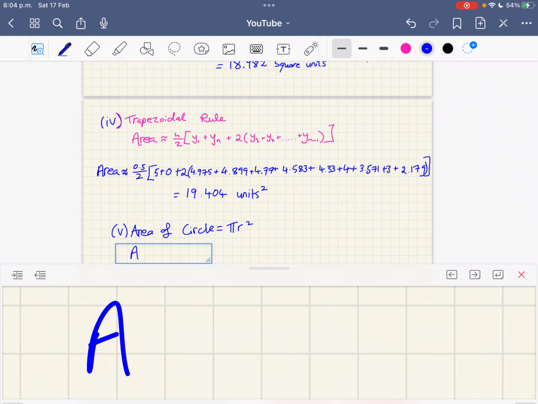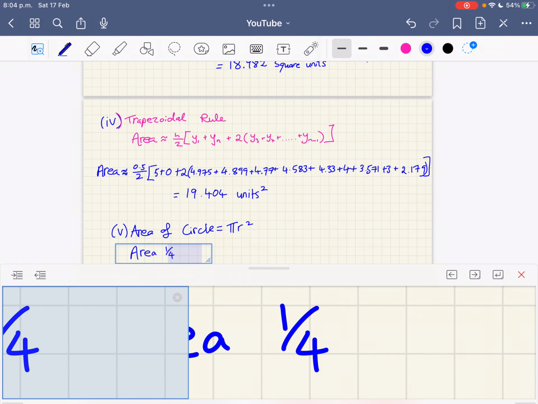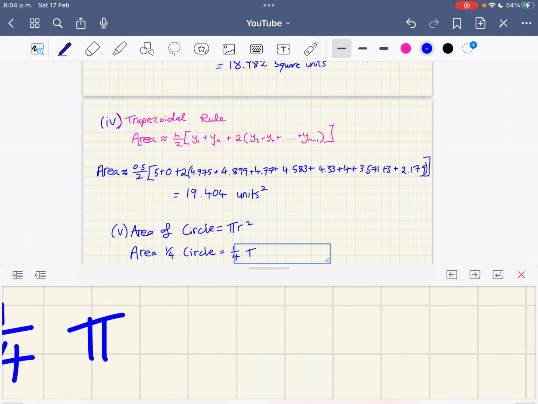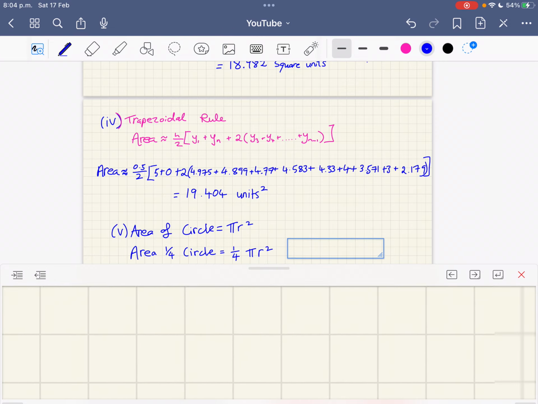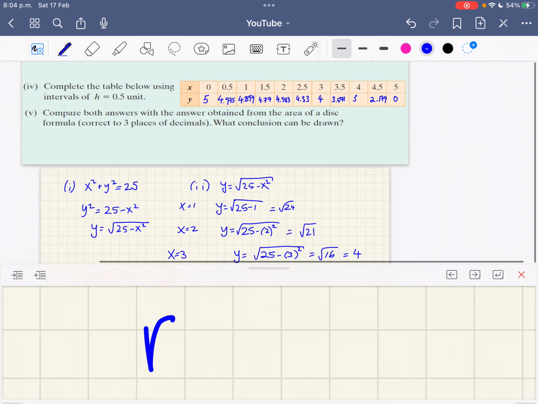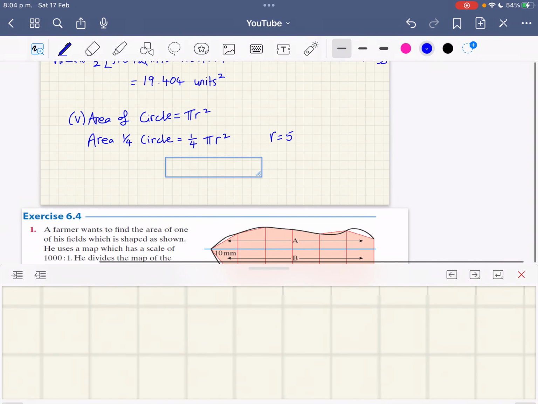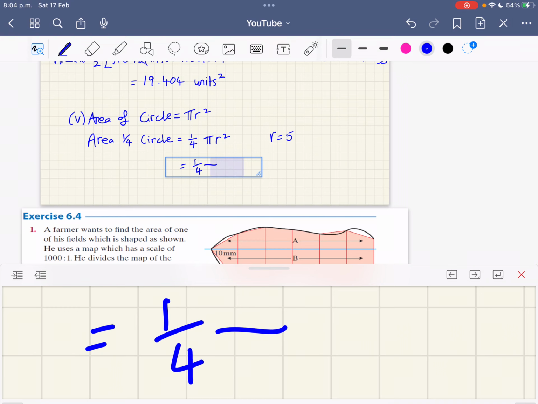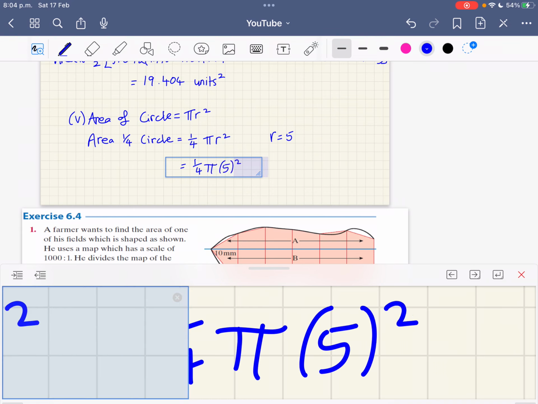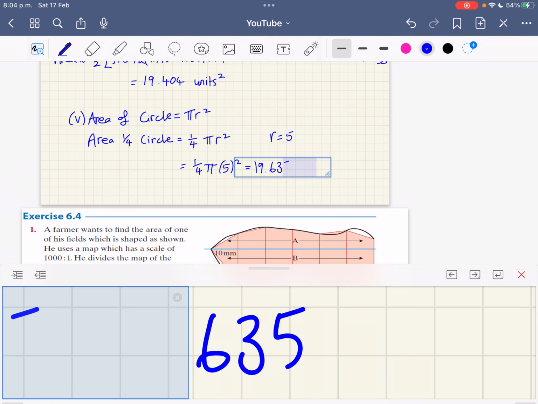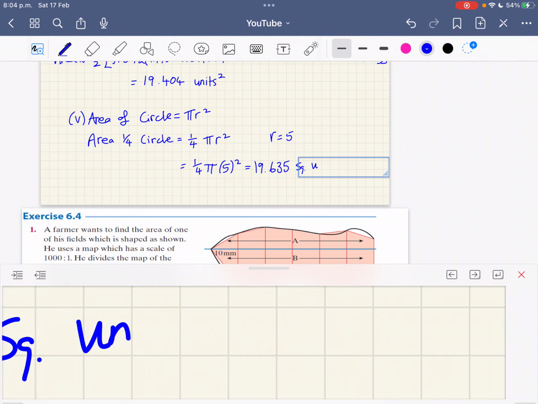So here we're getting the area of a quarter circle, which is a quarter pi r squared. And in our case, we'll just check what the radius is. The radius is equal to 5. So we get a quarter pi by 5 squared. And when we put that into the calculator, we get 19.635 square units.